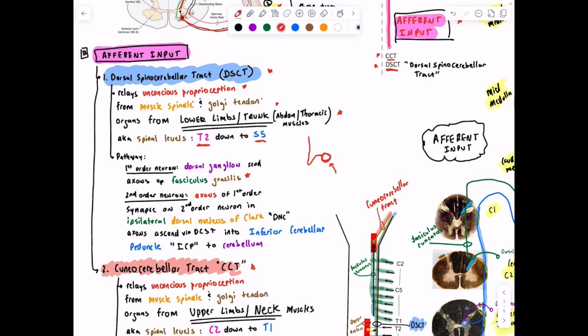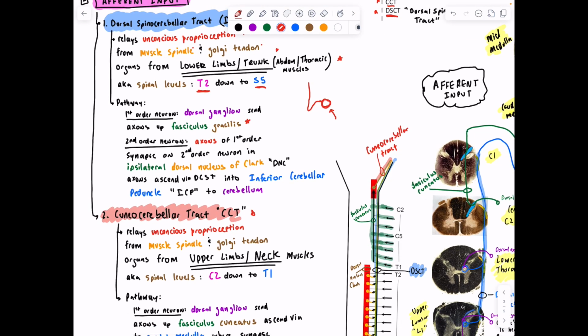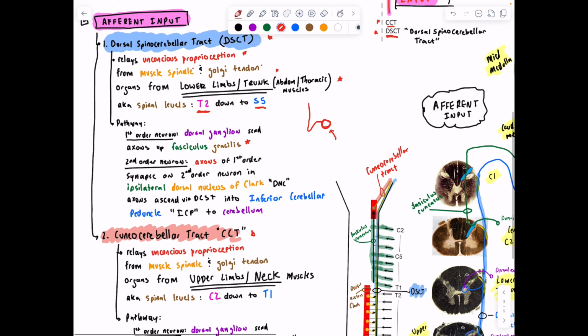Then we have the dorsal nucleus of Clarke, which you may remember is not present throughout the entire spinal cord, so you go up the fasciculus gracilis until the dorsal nucleus of Clarke is present, and you synapse there. The dorsal nucleus of Clarke then sends its axons up the dorsal spinocerebellar tract, and that goes into the cerebellum via the inferior cerebellar peduncle.